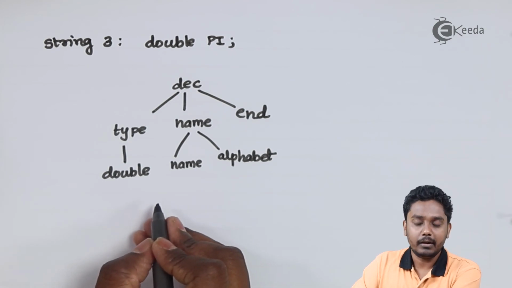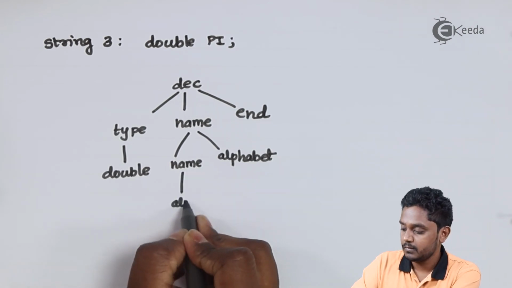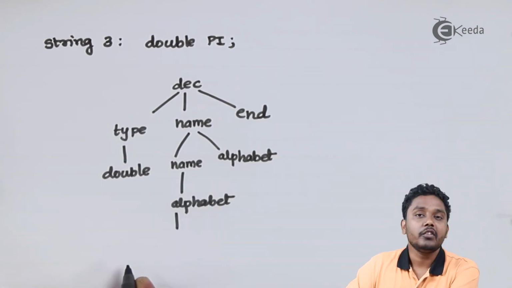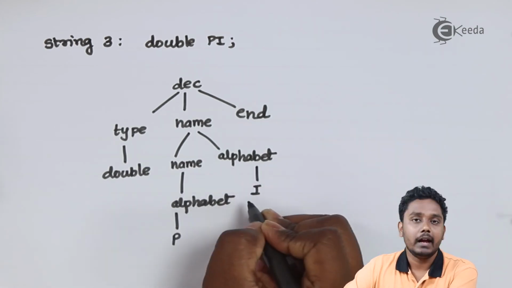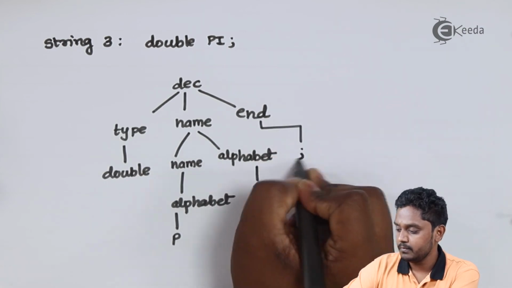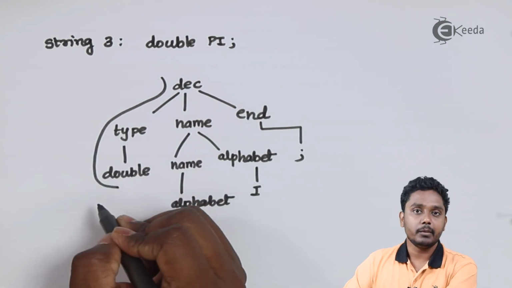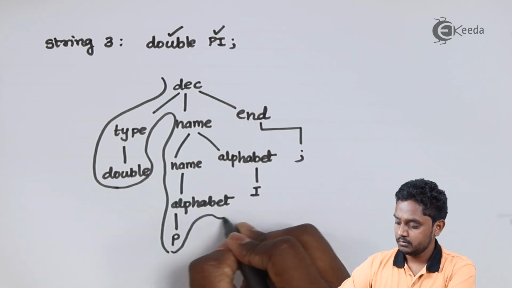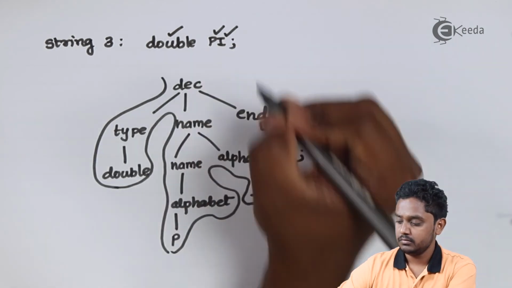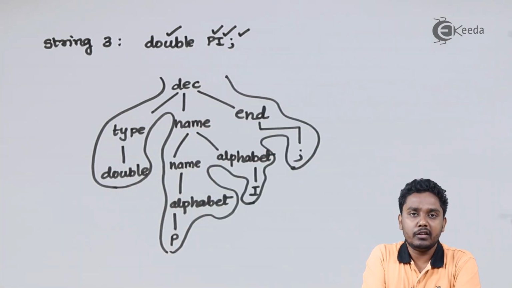Again, we need one more alphabet, so name is an alphabet, that production would be used. The first alphabet is P, the second alphabet is I, and end is a semicolon. Let us try to draw the yield of this parse tree. Double followed by P, followed by I, followed by a semicolon, and hence we can see that our grammar is parsing the given declaration statement.